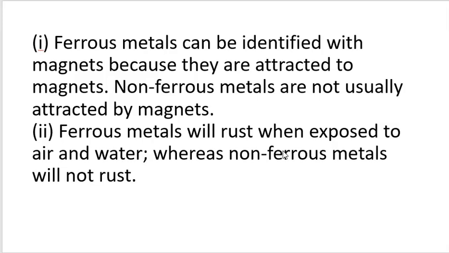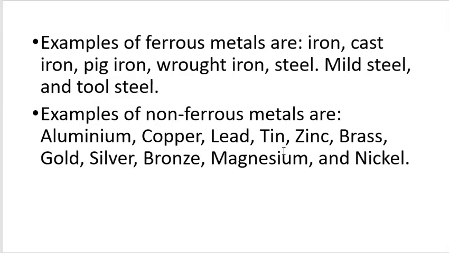Ferrous metals can be identified with magnets because they are attracted to magnets. Non-ferrous metals are not usually attracted by magnets. Ferrous metals will rust when exposed to air and water, whereas non-ferrous metals will not rust.